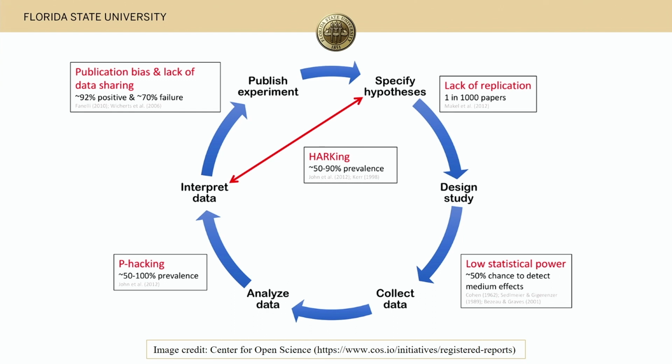So as a result, we have this thing called the file drawer problem, where either papers that don't have small p-values never get submitted because the researchers know that this is going to be an uphill battle to get it published, or they get rejected through the review process.